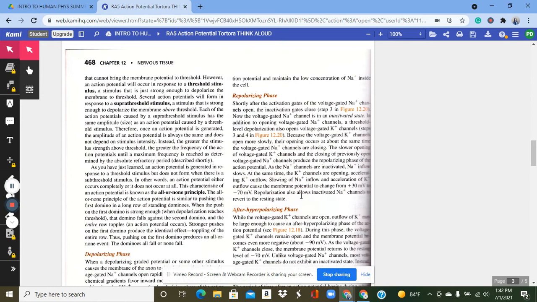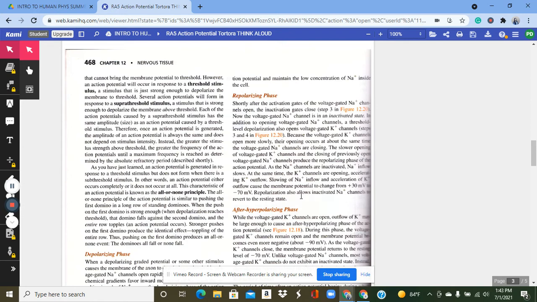Steps 3 and 4 in figure 12.20. Because the voltage-gated potassium channels open more slowly, their opening occurs at about the same time the voltage-gated sodium channels are closing. The slower opening of the voltage-gated potassium channels and the closing of previously open voltage-gated sodium channels produce the repolarizing phase of the action potential.